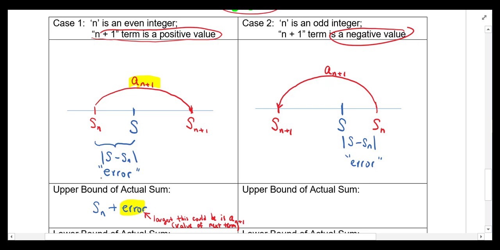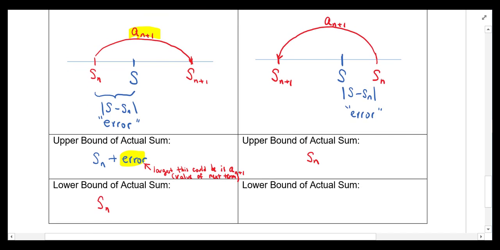Now in this scenario, what is my upper bound? The upper bound of the actual sum, well, I know the largest it could be would be s sub n. Now what about the lower bound? It's going to be s sub n subtract my error. Now, how big can the error be? What's the largest that could be?